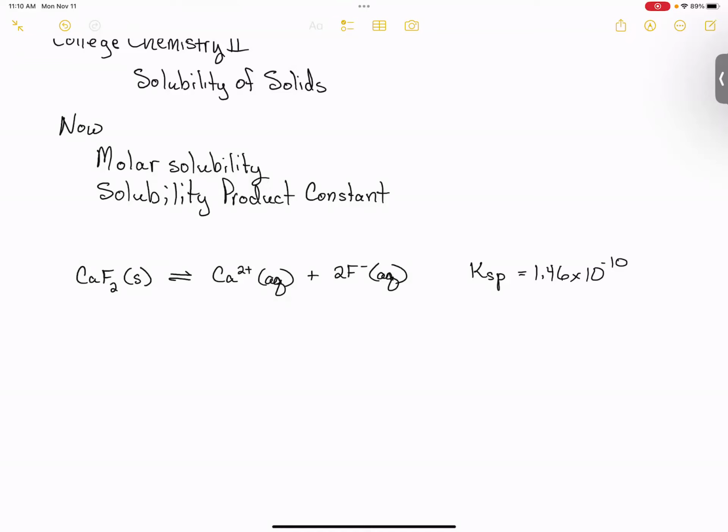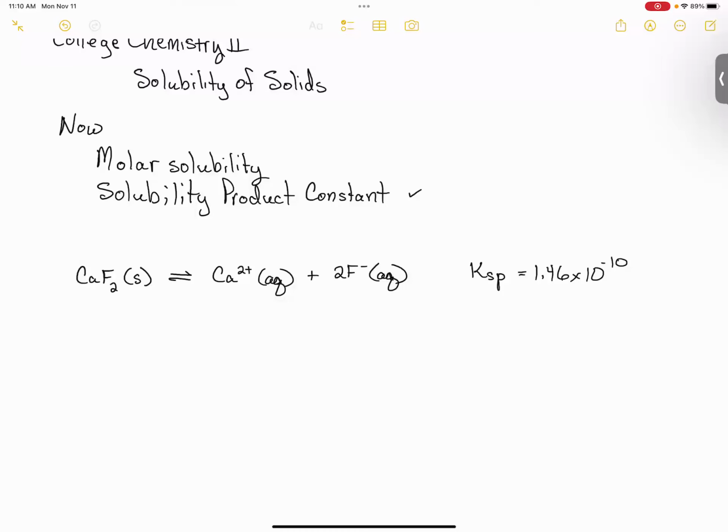That solubility product constant, folks, is not going to change unless we alter the temperature of the water. So that is the solubility product constant.